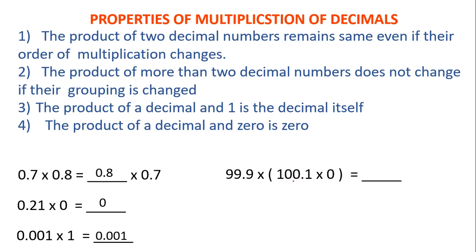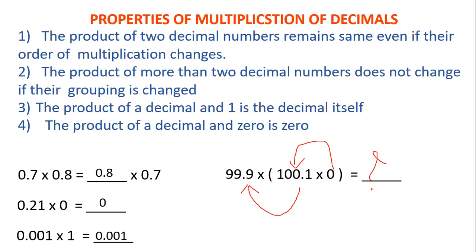99.9 into 100.1 into 0. As you can see in this question, they are asking the answer for this one. Here multiply this 0 with the decimal number. Whatever the product I will get, again that product I will multiply with this 99.9.